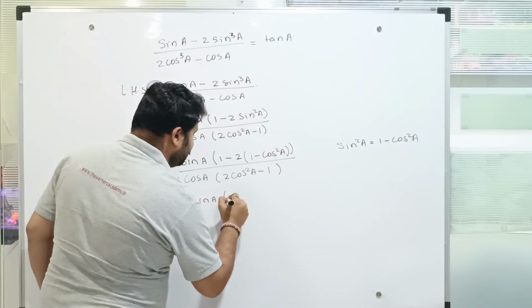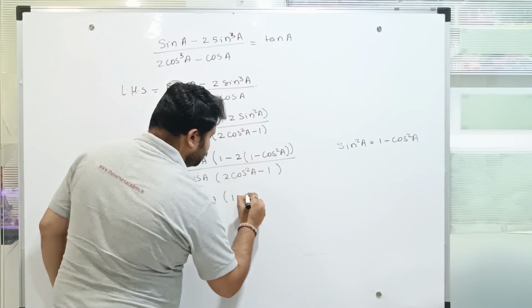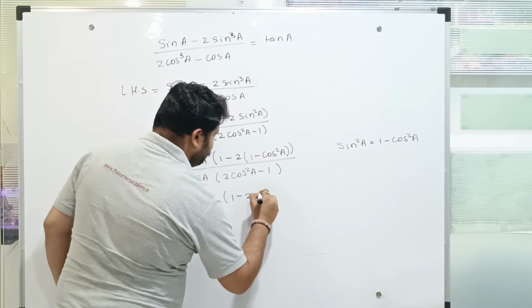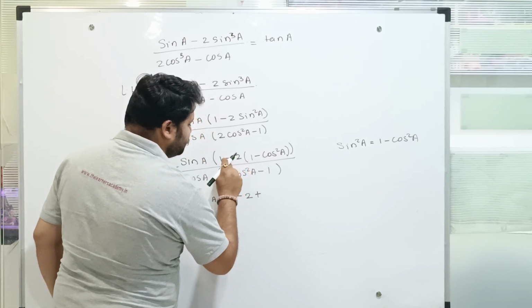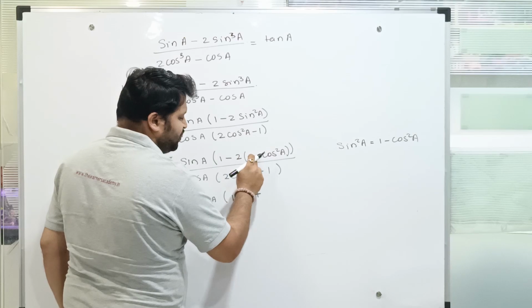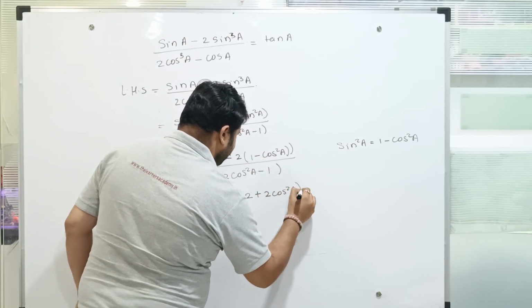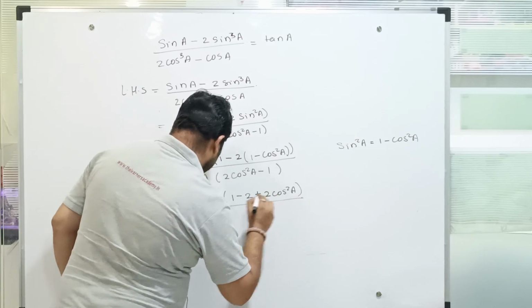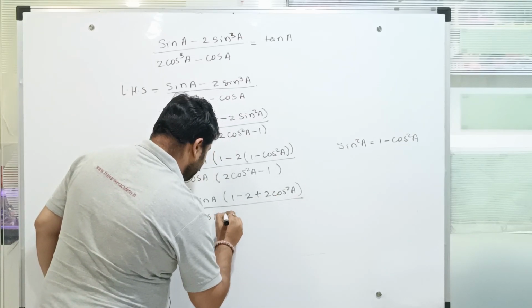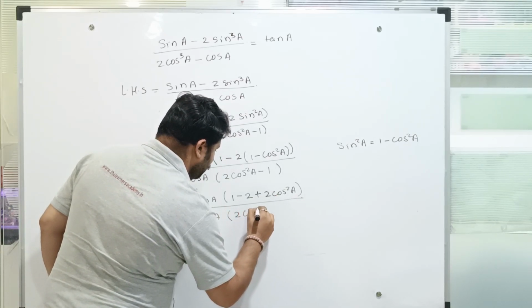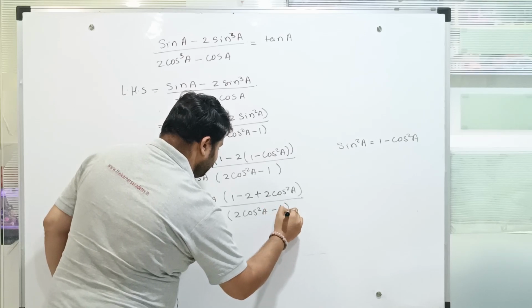So I have sin A times 1 minus 2, that is minus 1, and since there is a negative out here and a negative in here, it would become plus 2 cos square A, divided by cos A times 2 cos square A minus 1.